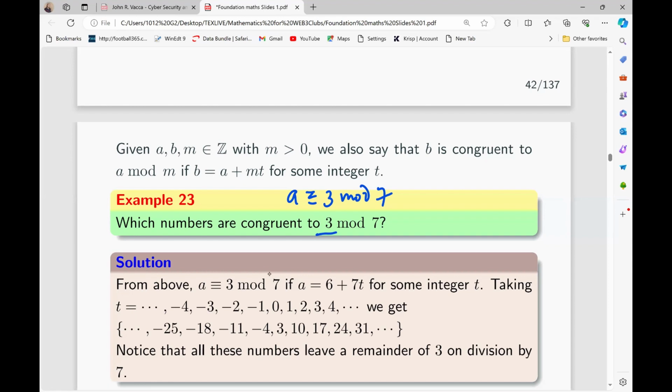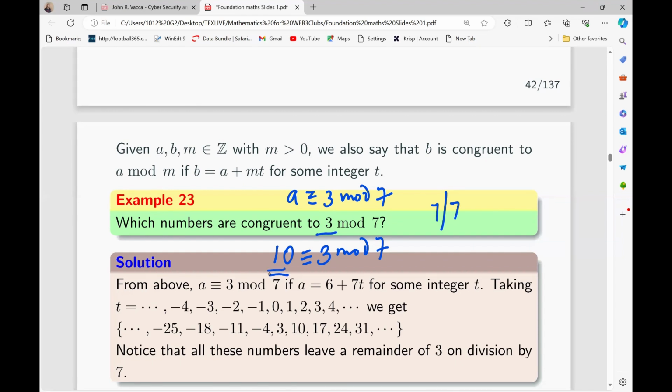For instance, let me see. If A is 10, is 10 congruent to 3 mod 7? I just subtract 10 minus 3, I get 7, and I can see 7 can divide 7. So in fact, one of the numbers is 10.